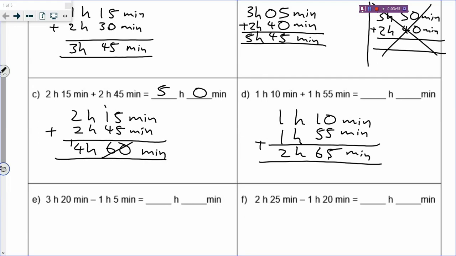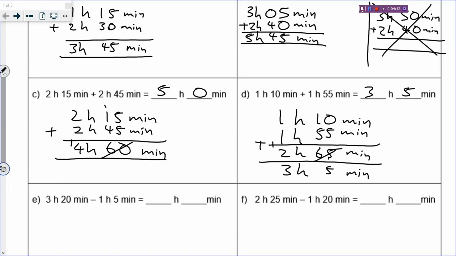How many hours can you take out? I can take out 60 minutes, which is 1 hour. So if I take out 60 minutes, I will have 5 minutes left, and the 60 minutes become 1 hour, and it comes over here. Which means that I will have 3 hours and 5 minutes. So what's the lesson here? The lesson here is, if you have 60 or more minutes, you need to take out 1 hour, you need to convert into hours.